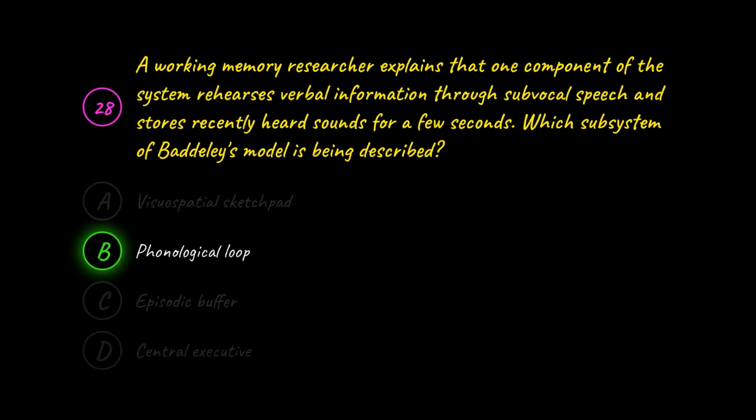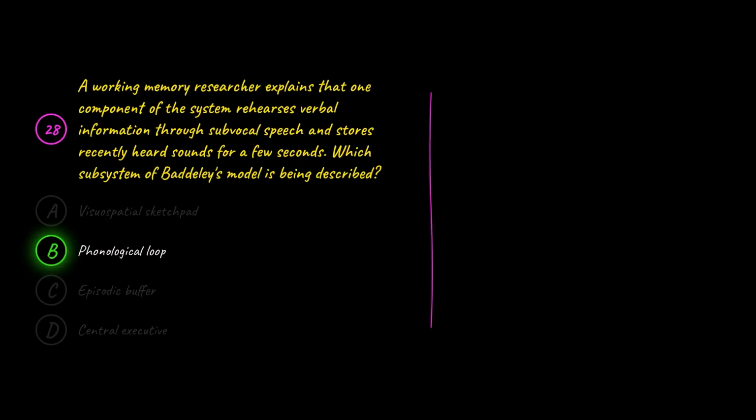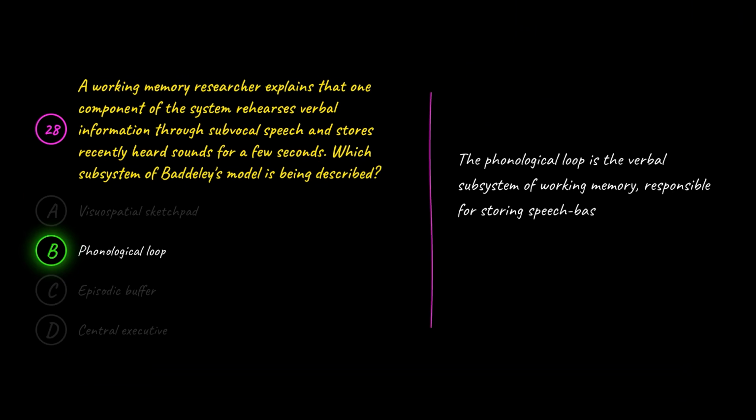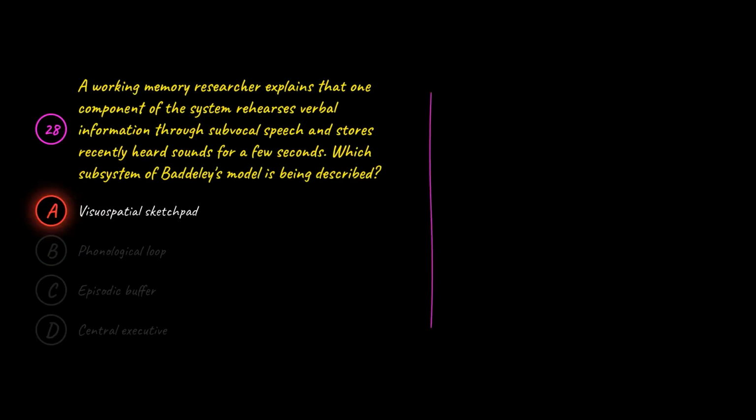The correct answer is B. Phonological loop. B is correct because the phonological loop is the verbal subsystem of working memory, responsible for storing speech-based information briefly and refreshing it through subvocal rehearsal. A is wrong because the visuospatial sketchpad handles visual and spatial information, not verbal rehearsal.